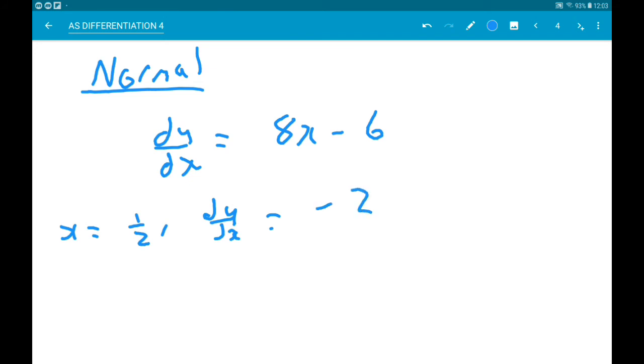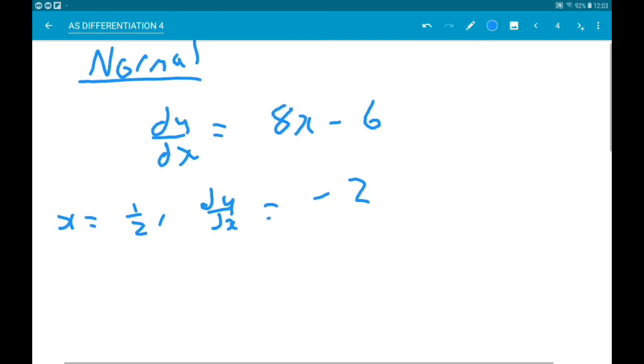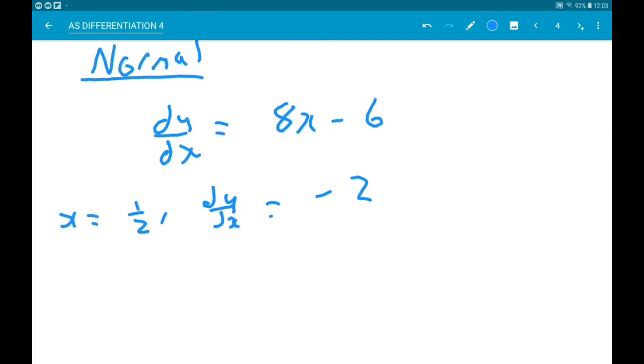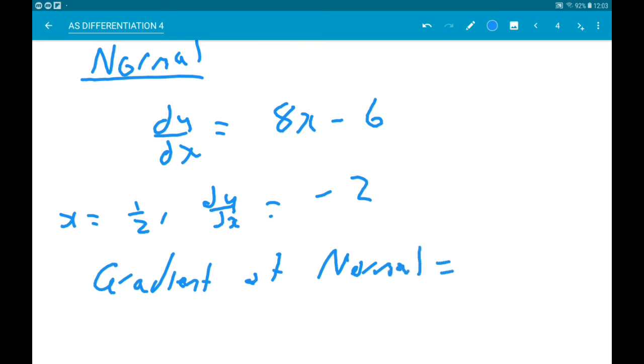So that's the gradient of the curve, or the tangent, at point P. So the gradient of the normal is the negative reciprocal of that. So it's going to be positive 1/2.